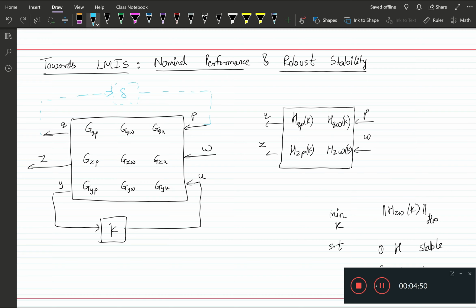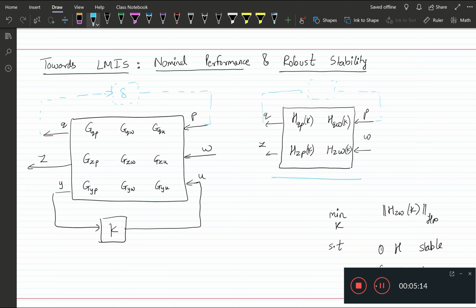Now this system without the delta block is shown here when we close the loop from y to u. So that's the closed loop system now without the delta block again. So Q is supposed to go from here and enter P.